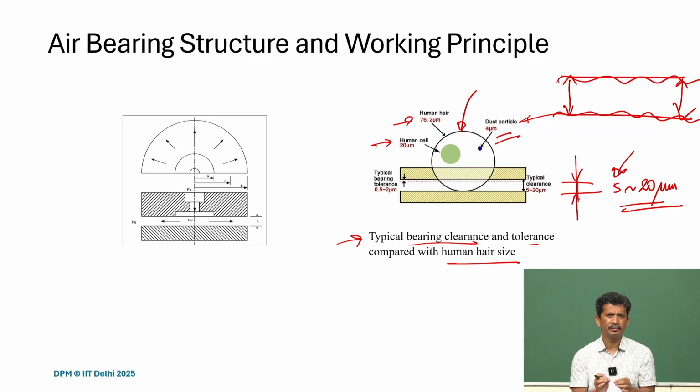It always purges, so it cleans the bearing surface, which is good. There are a lot of positives, but we also need to understand the requirements and design using those elements and assumptions.